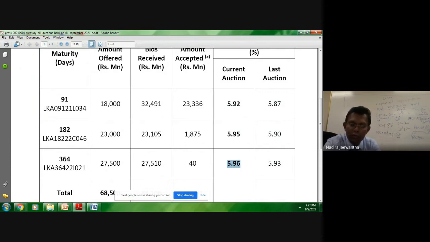Of course, you are squeezed on liquidity. If you don't have money to lend, your lending has to be curtailed. So obviously it's happening now. The central bank has taken this decision to curtail credit growth in the country. The expected credit growth, as I told you last week, is 14%. Now it has reached 12.9%, almost 13%.